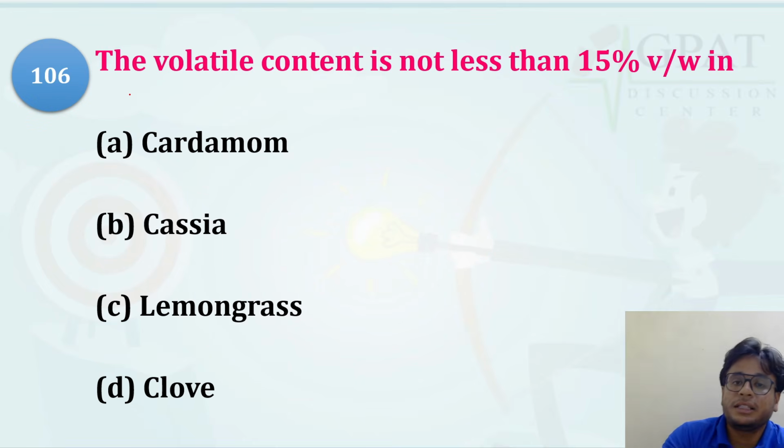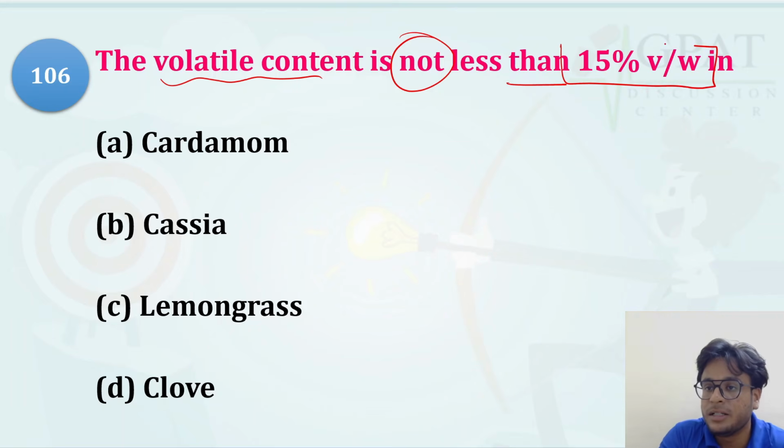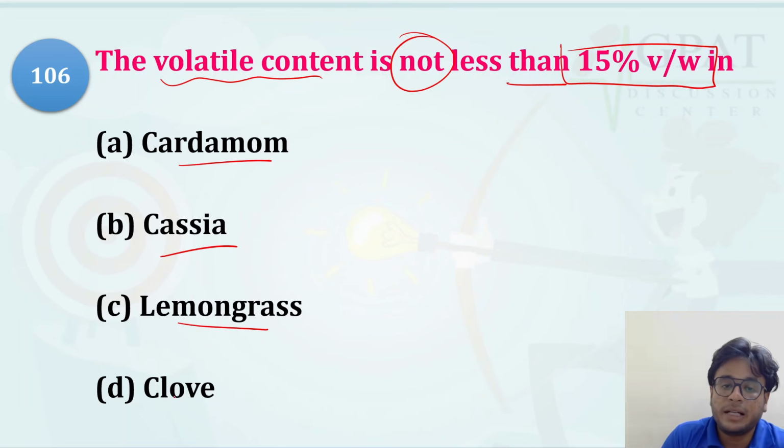Okay, then we come to another question. The volatile oil content that is not less than 15% weight by volume is present in cardamom, cassia, lemongrass, and the clove.